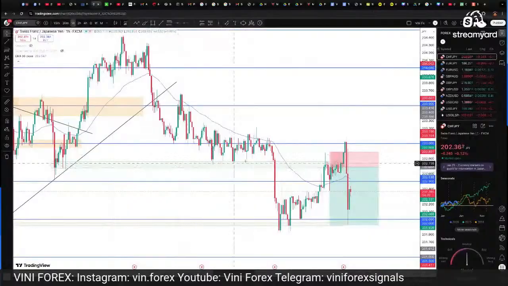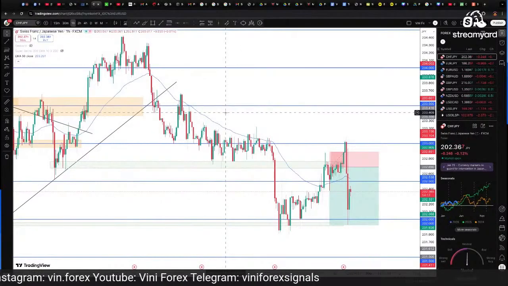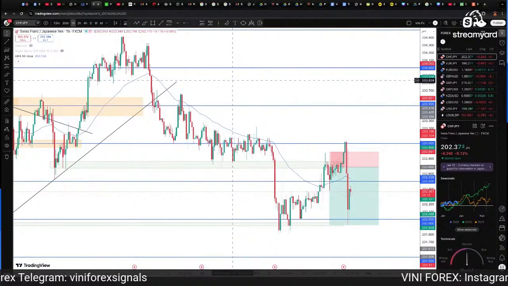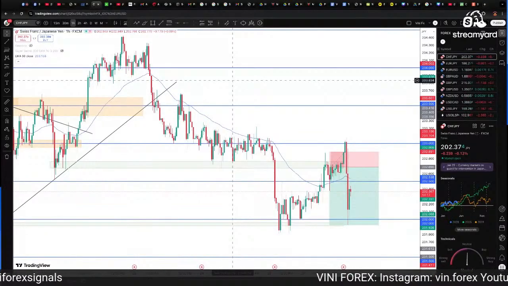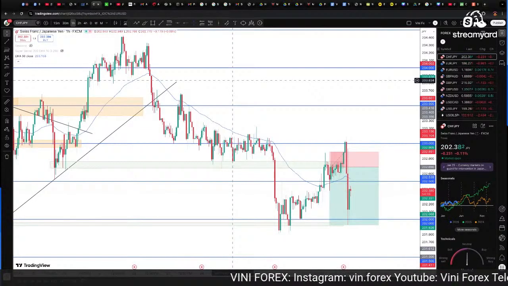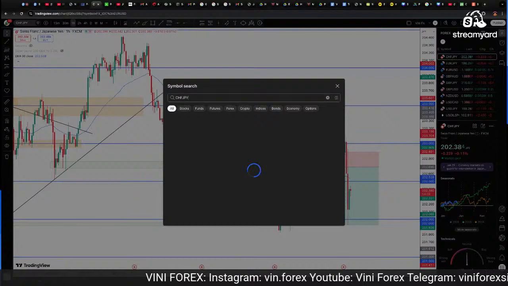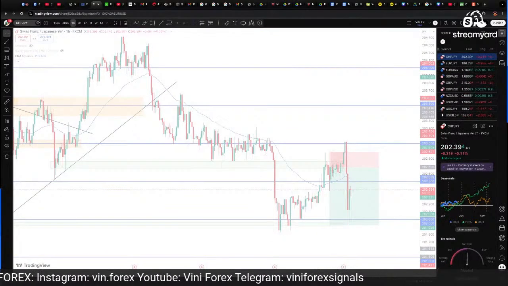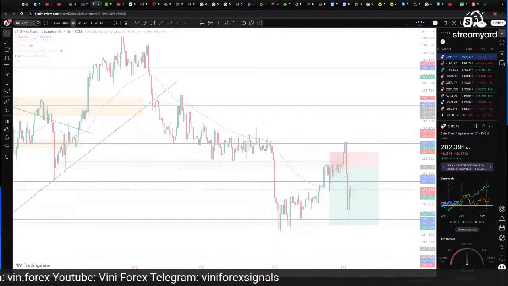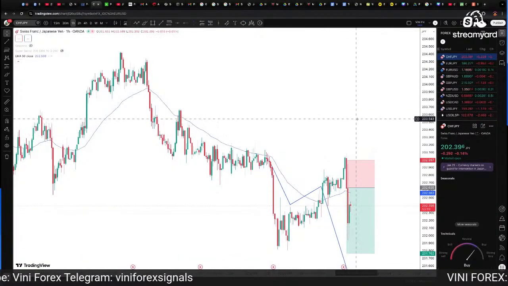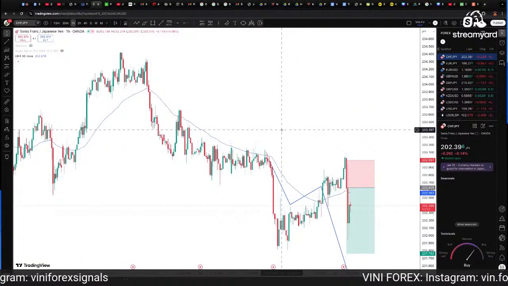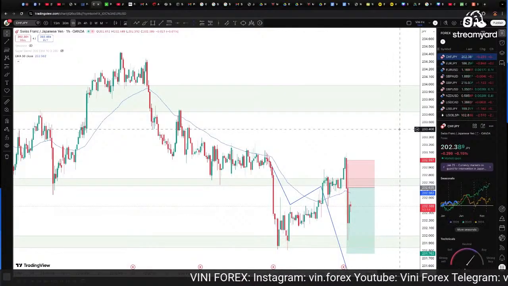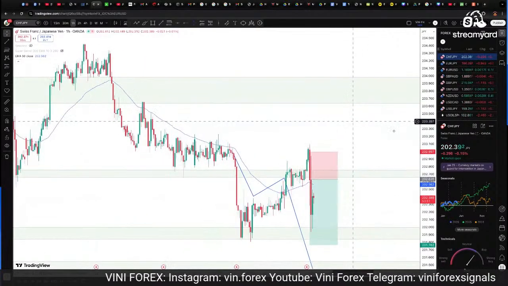So what did I see on CHF JPY that made me take the trade? We have to go and analyze the market. Let's use a new chart. The things I have been teaching you before are exactly what we're going to be using this morning to analyze this trade. This is the chart where I took the trade.